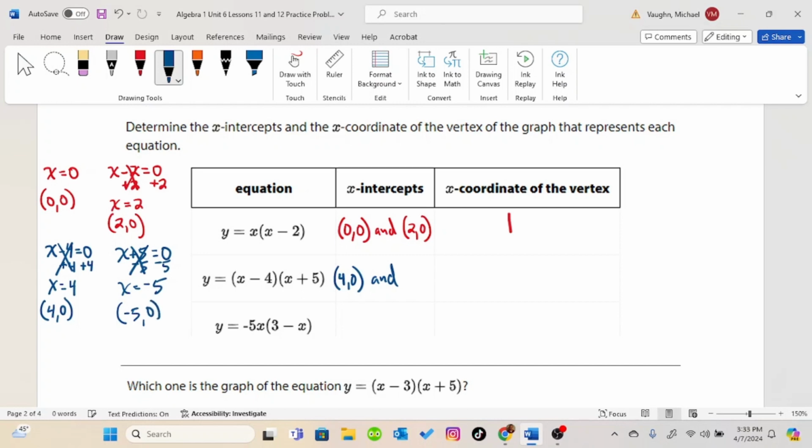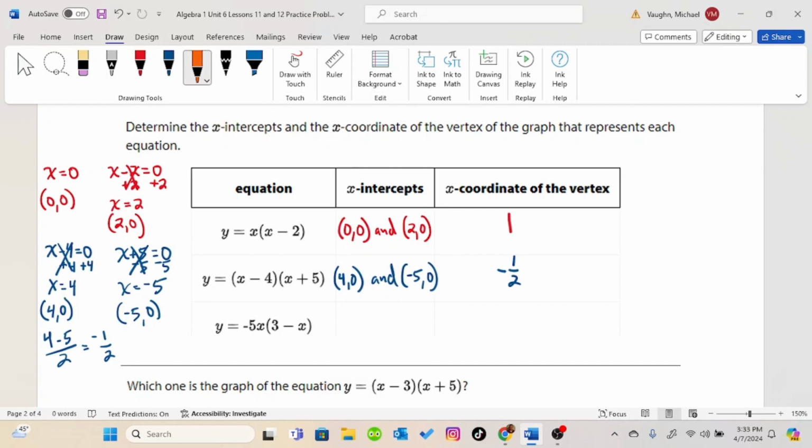So the x-intercept is at (-5, 0). The x-coordinate of the vertex is halfway between 4 and negative 5. So the x-coordinate of the vertex is negative 1/2.